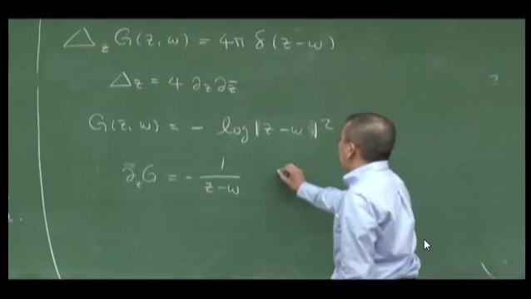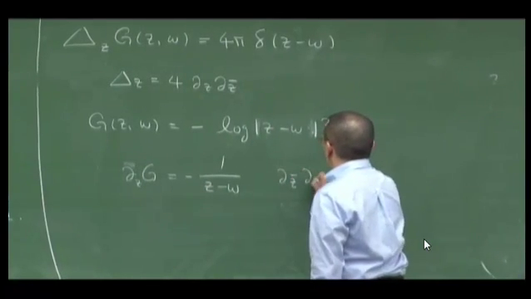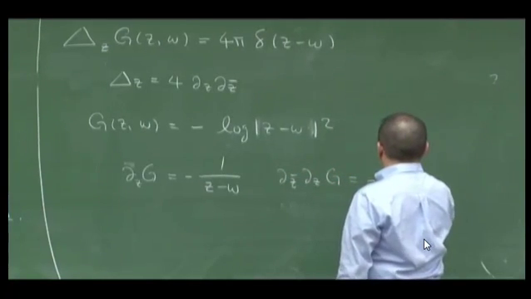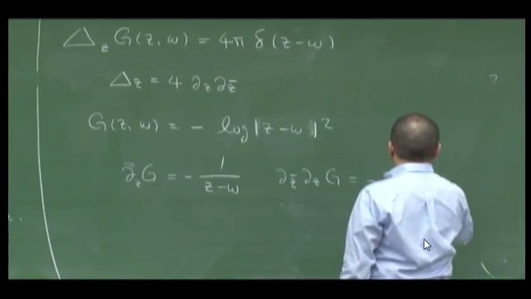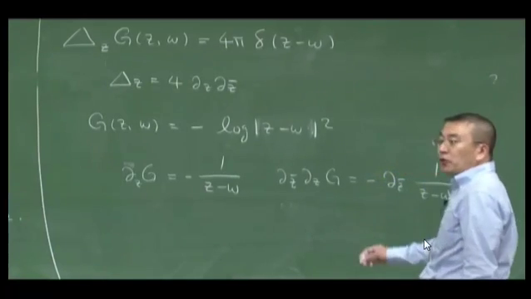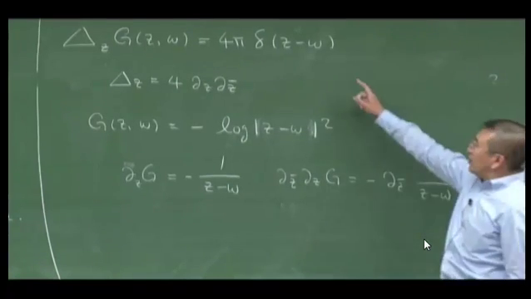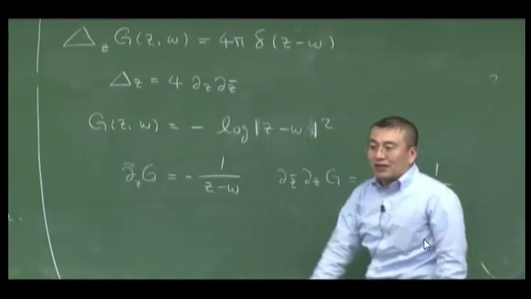So therefore, if I take one more derivative with respect to z bar, then I would get minus of del z bar of 1 over z minus w. But then we just proved that this is equal to minus pi times the delta function. So this gives you what you want if you take into account this factor 4.